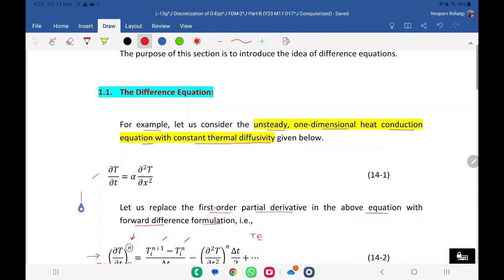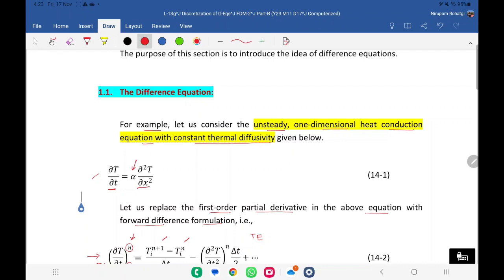So the first thing we are talking about is this equation. This is an unsteady one-dimensional heat conduction equation with constant thermal diffusivity. Constant thermal diffusivity means alpha is constant. Now what we are doing is discretizing this term as well as this term.